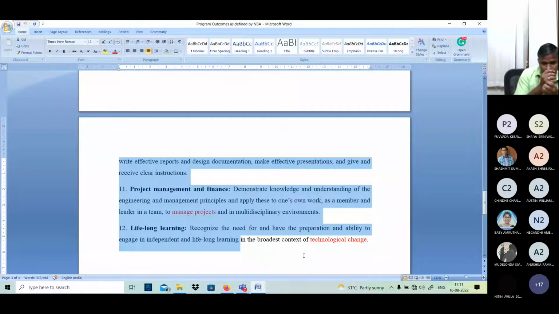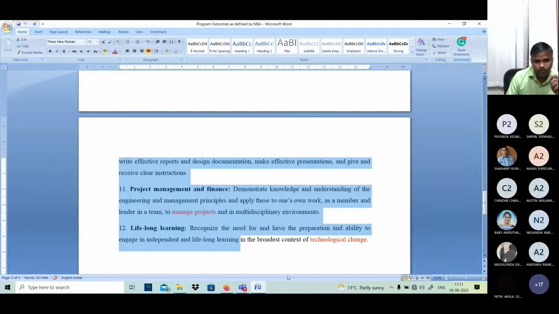Are you MTech people or BTech people? Sir, BTech. Yeah, in BTech we have 4 years. In these 4 years, you will come across many courses. Each course will map with different program outcomes.